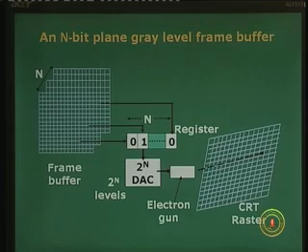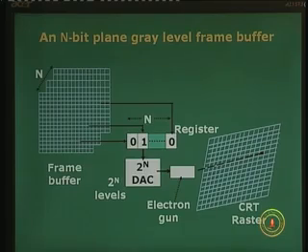So, if we look back into the last slide which we discussed in the last class, we were talking about an n bit plane gray level frame buffer. We visualize that a bit plane is a single bit. So, there are n such bits stacked, and corresponding to each pixel there are n bits, or typically it could be 1 byte if n is equal to 8.